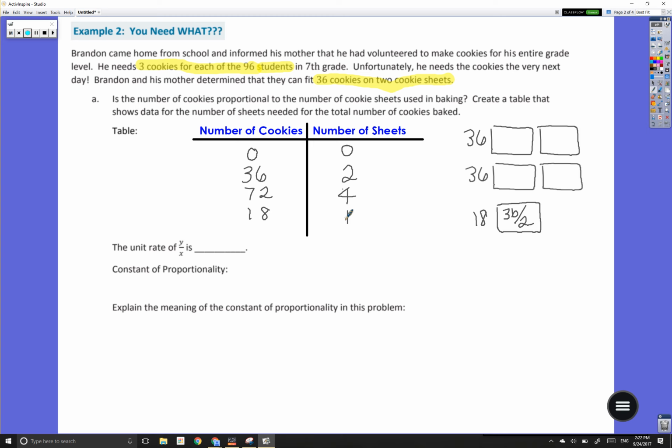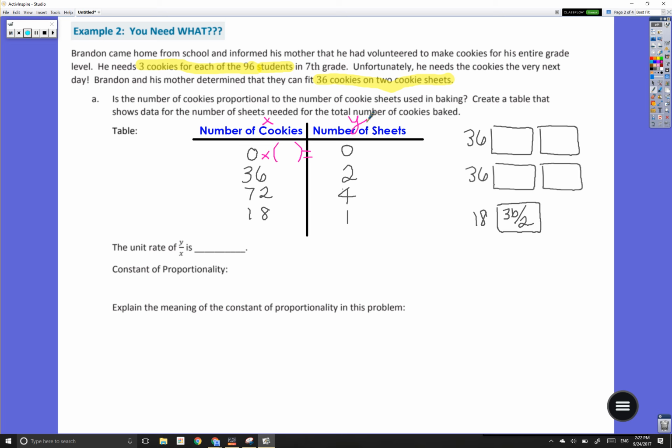So how do we know if the table is showing a proportional relationship? We have to figure out, is there a value multiplied by each of these that will give us this value? So take the number of cookies, multiply it by some number, and it should give us the number of sheets.